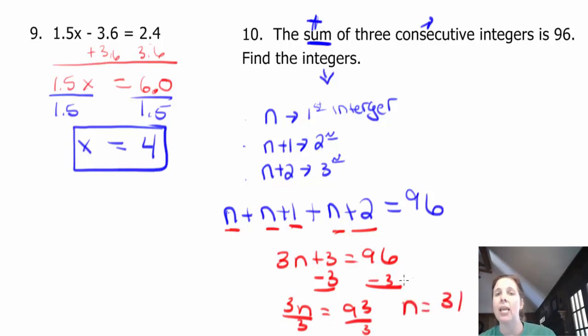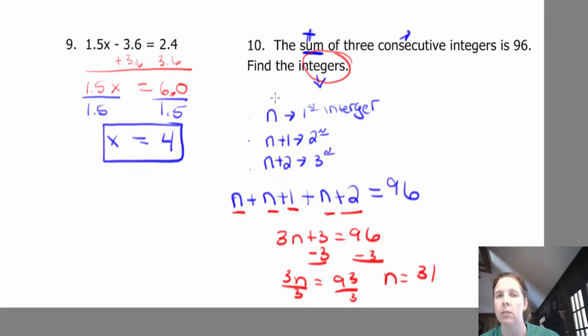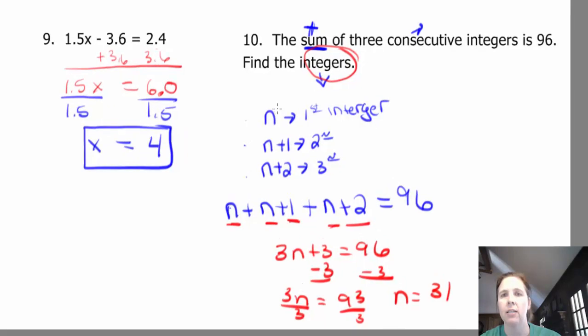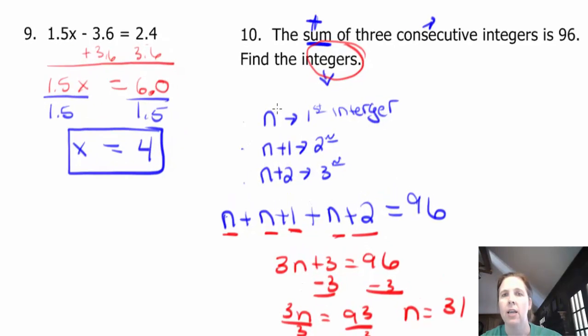That's what n is, but it says find the integers. So if 31 is n, then the next number would be 32 and the next one would be 33.